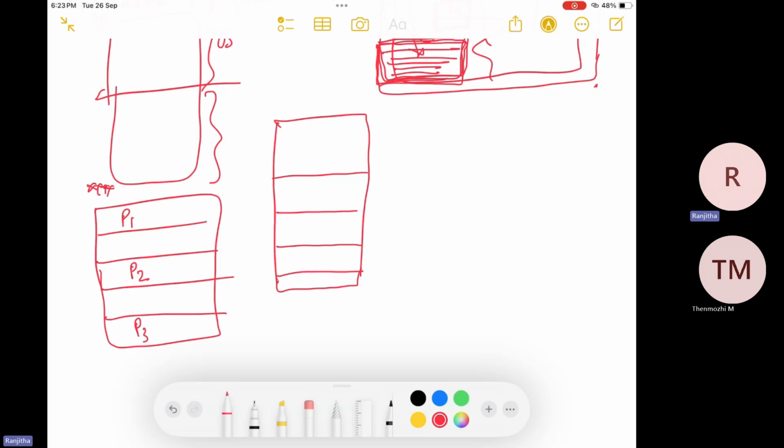One of the major issues with this approach of contiguous allocation is the concept of external fragmentation.